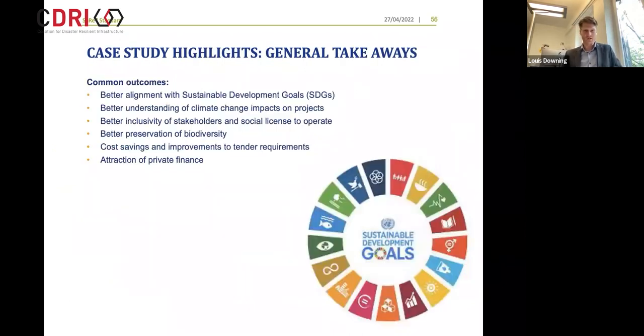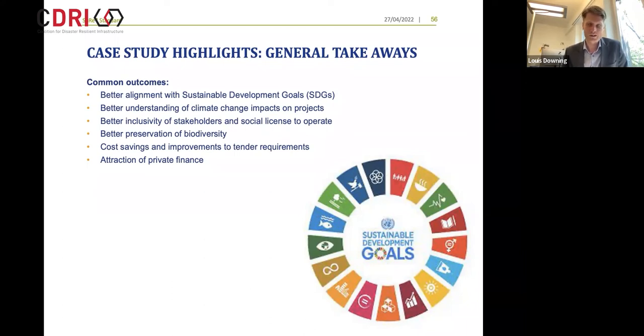Then, just generally speaking, some highlights from the work that we've done with the projects that we've assessed over the years. I think most projects will walk away with better alignment to the Sustainable Development Goals, better understanding of the climate change impacts upon their projects, better inclusivity of the stakeholders, which then also leads to better social license to operate.